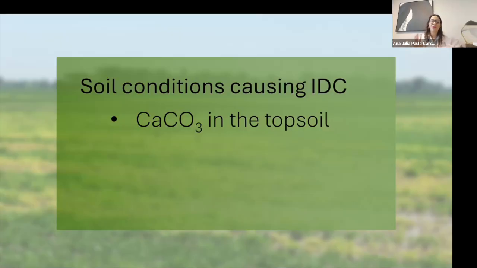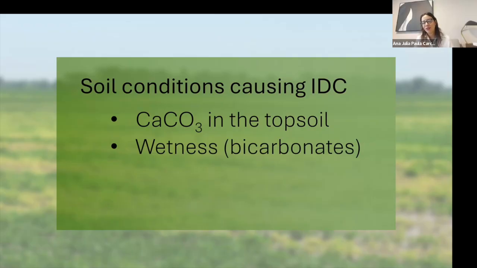Just stepping back for a second, let's talk about the reasons behind that. What is happening behind this? In all this area, our parent soils have a lot of carbonates, so we have a lot of carbonates in our topsoil, and that's one of the main reasons why this area is affected by IDC. Then, this area is quite flat and has a lot of clay, so the infiltration of the water is not that good.